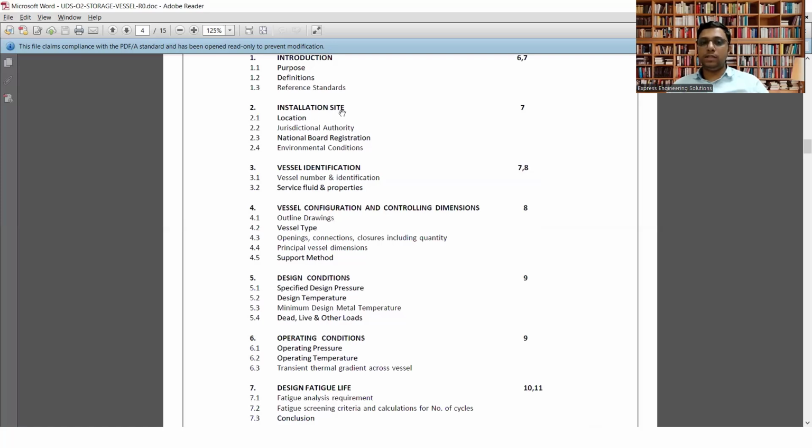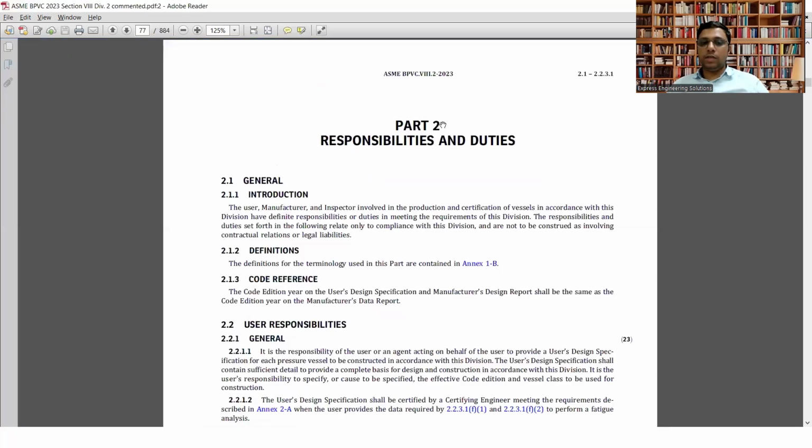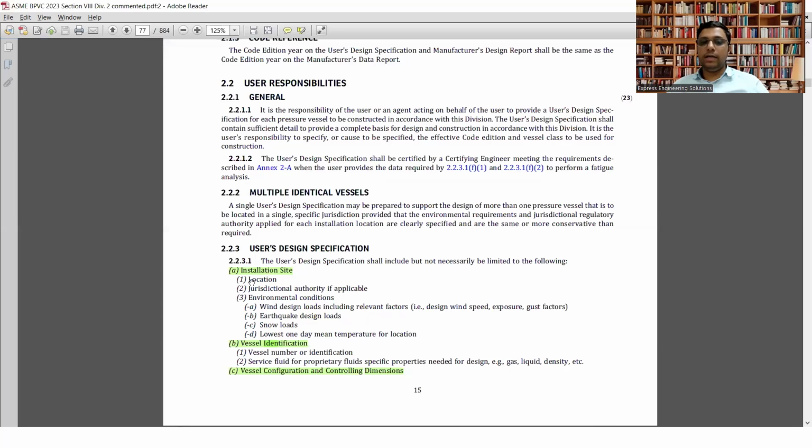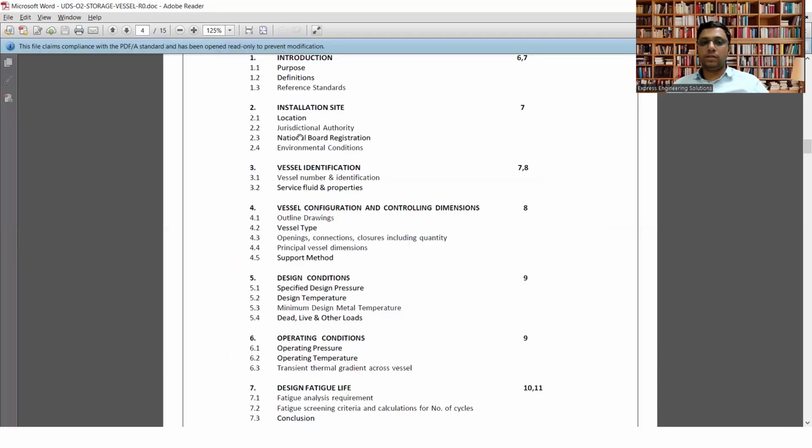Then installation site. If we have seen the code requirement, right? In the code requirement, we have seen the installation site. Under that, location, then jurisdictional authority, if applicable, the same things that have been given over here. So location, then jurisdictional authority, national board designation, registration, environmental conditions.